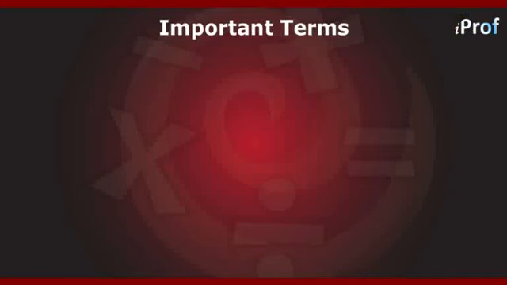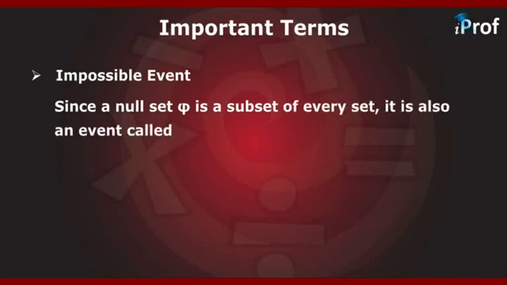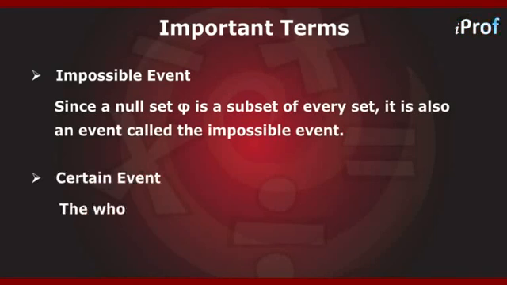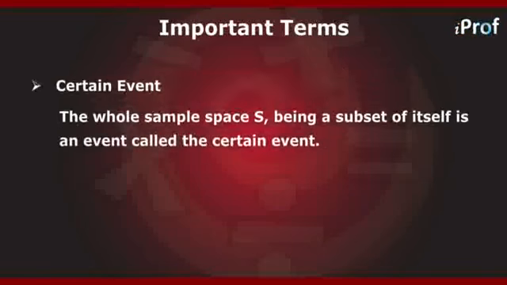We will now list down the remaining terms. The impossible event: since a null set phi is a subset of every set, it is also called an event, which is the impossible event. The certain event: the whole sample space S being a subset of itself is an event called the certain event.